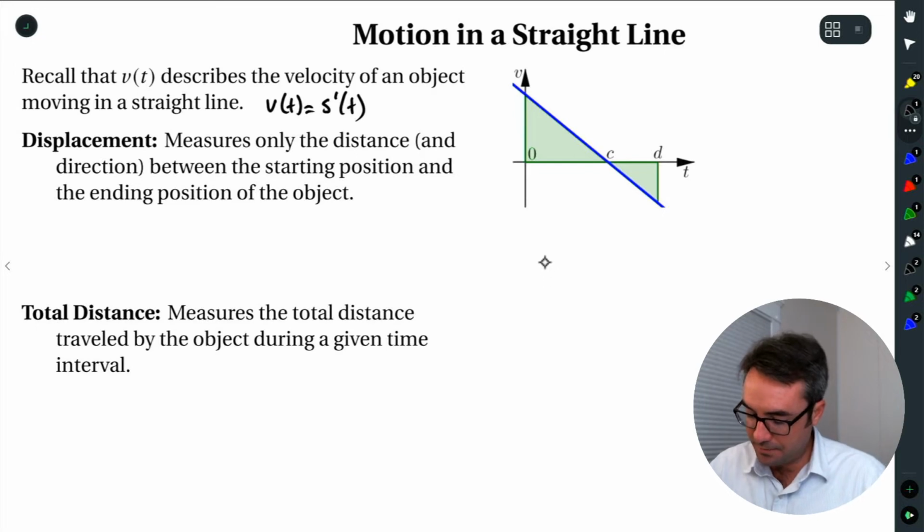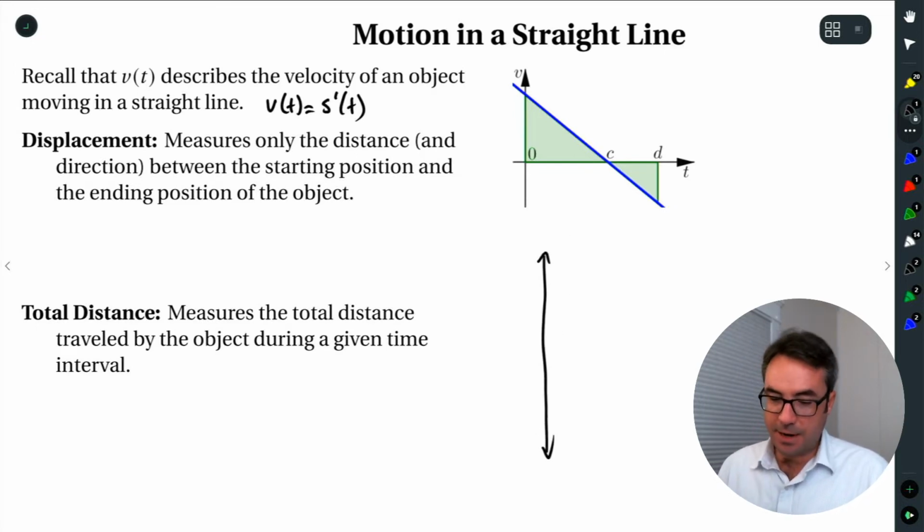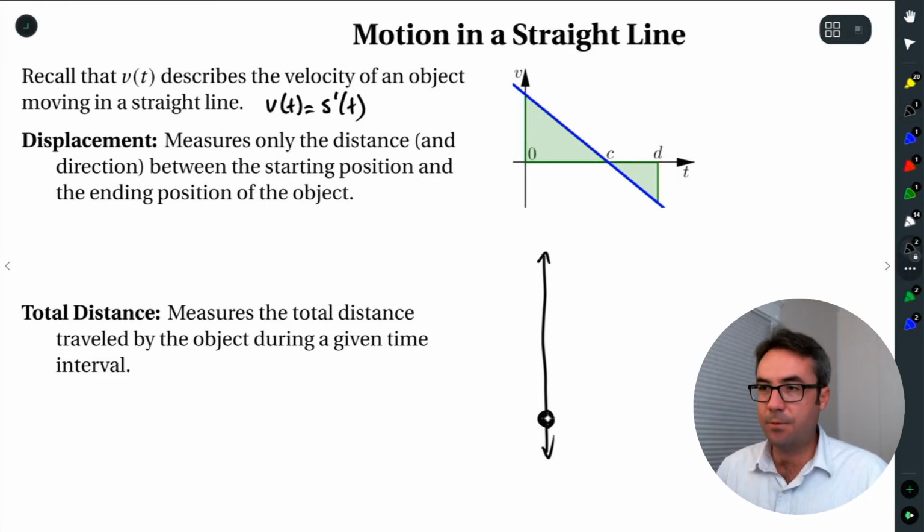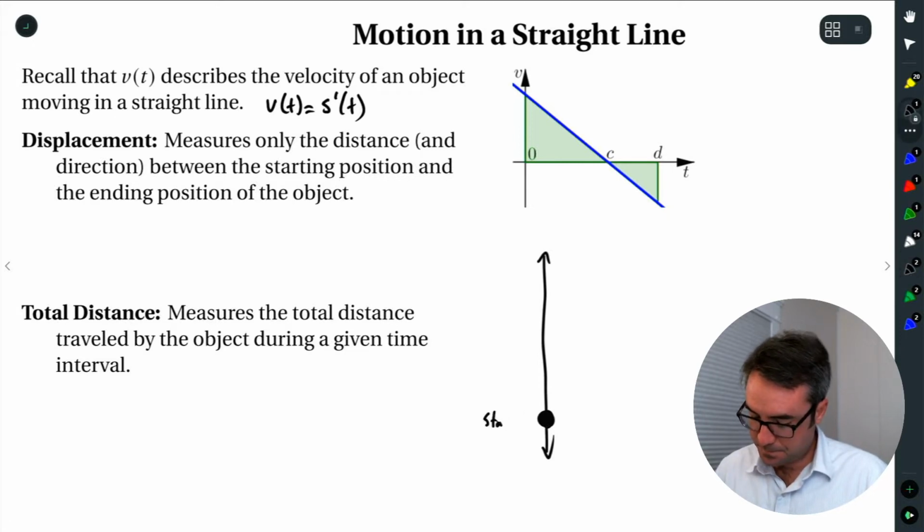We'll use a vertical line here, and our object is sitting somewhere on this line, and it's going to be moving around. Let's suppose this is where our object starts. So this is our starting position.